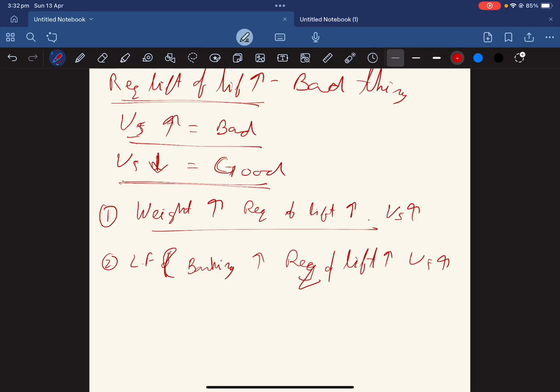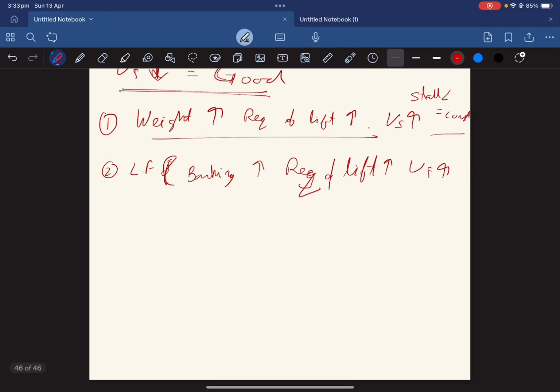It remains constant. I'll just write here: stall angle equals constant, which means the 16-degree angle. So I want you to remember: weight and load factor, stall speed increases, stall angle constant.